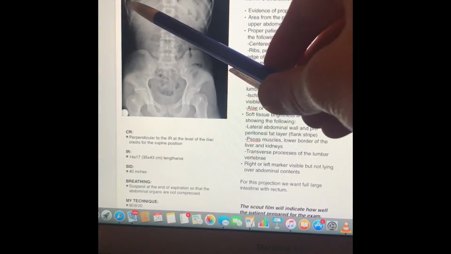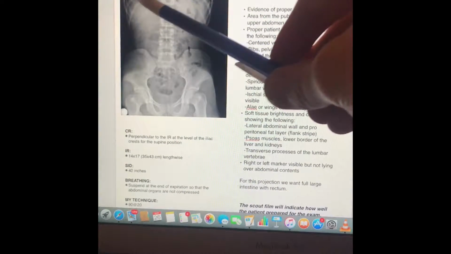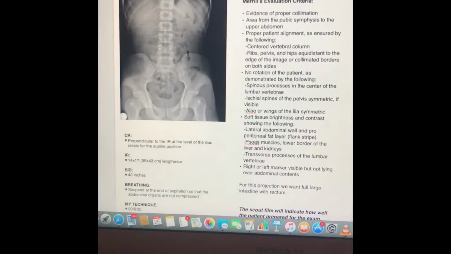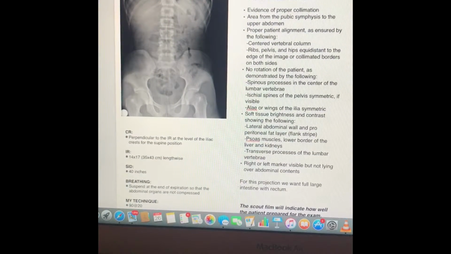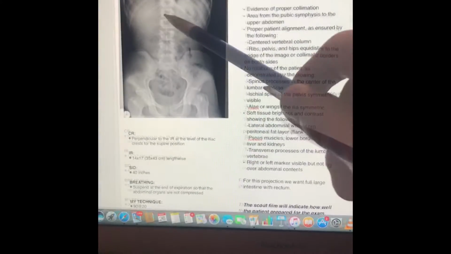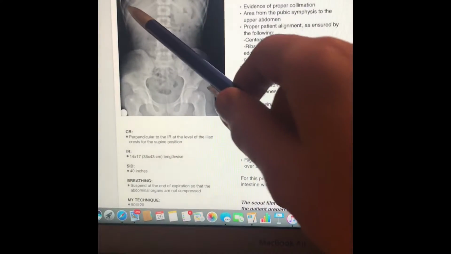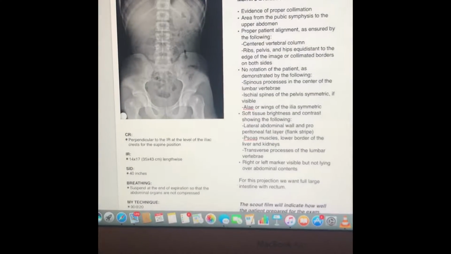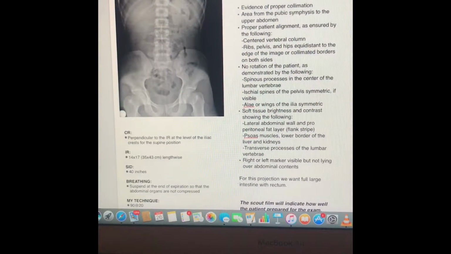That would be right here. And then psoas muscles, low border of the liver on the right, and kidneys.